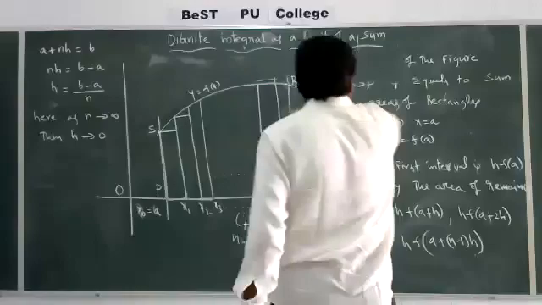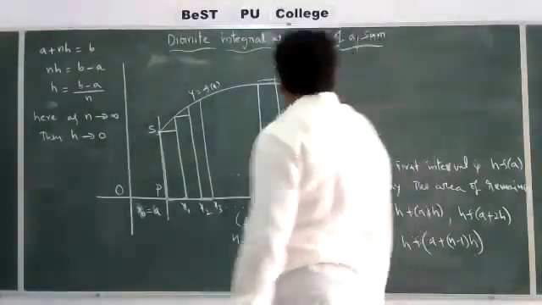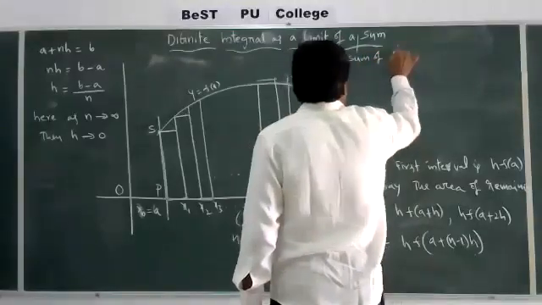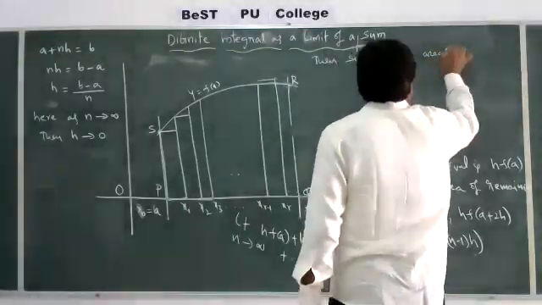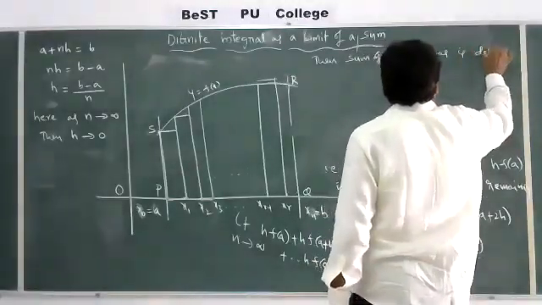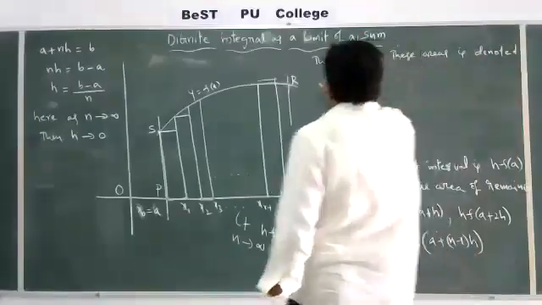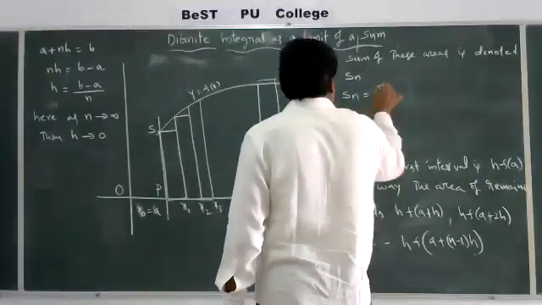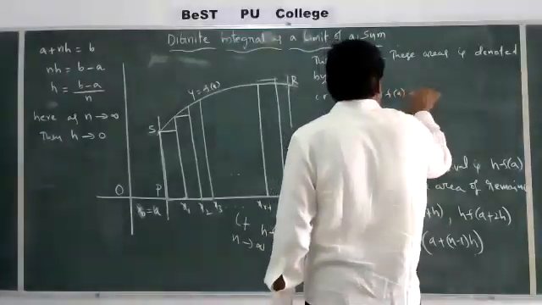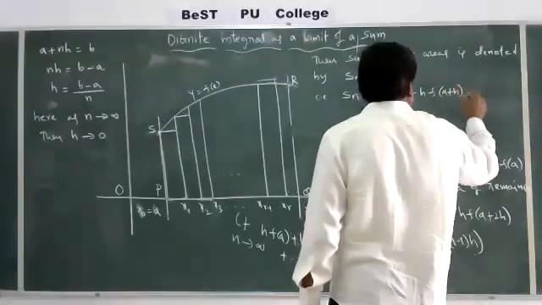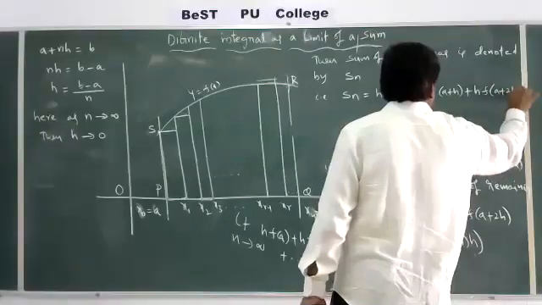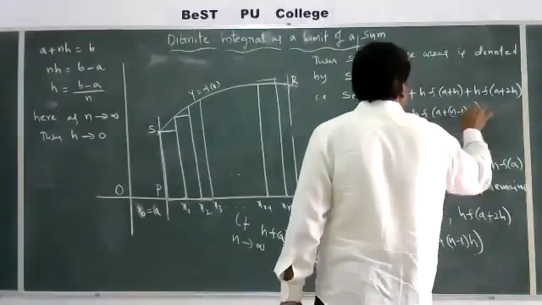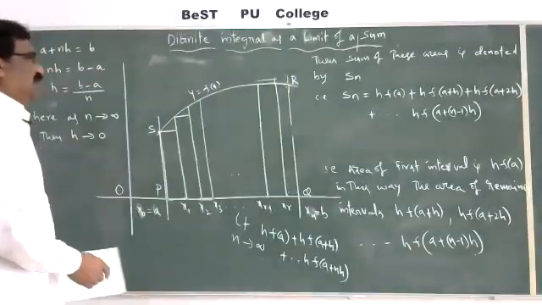Then the sum of these areas is denoted by Sn, that is Sn is equal to h into f of a plus h into f of a plus h plus h into f of a plus 2h and so on, h into f of a plus n minus 1 into h.